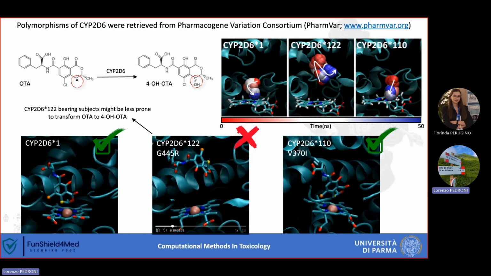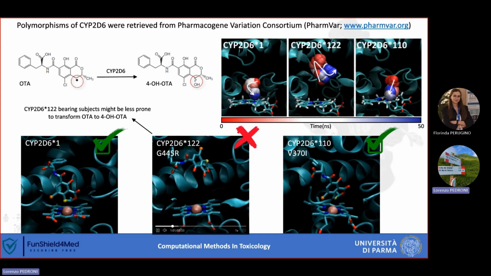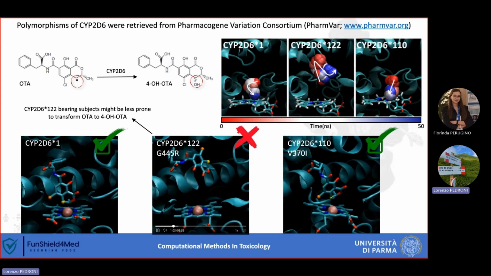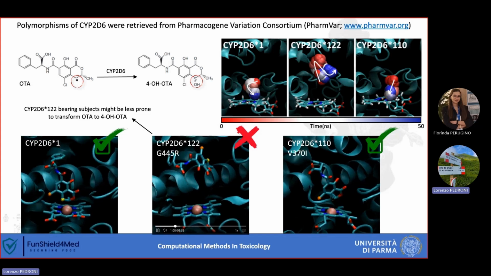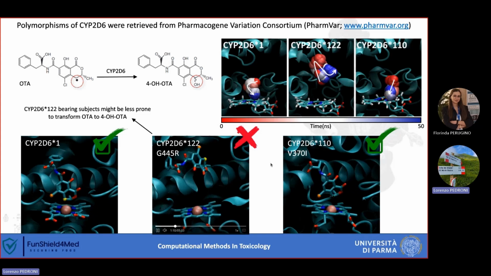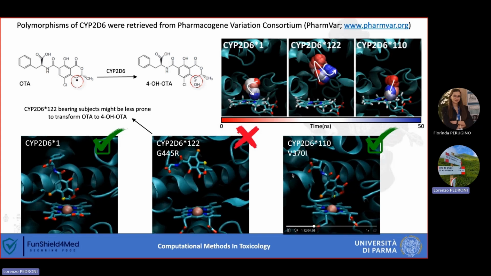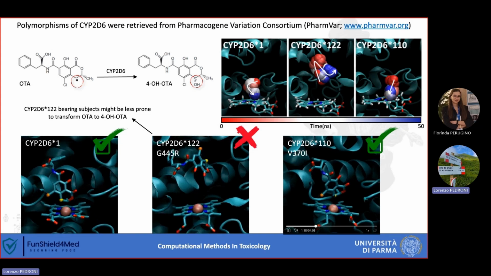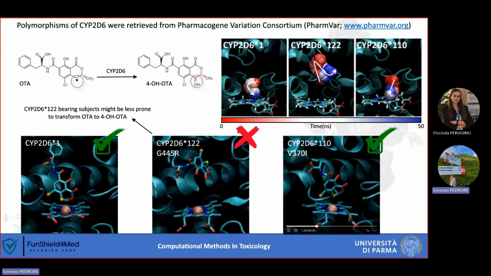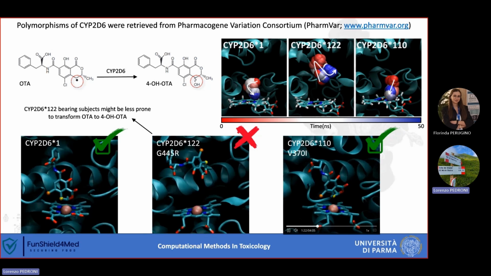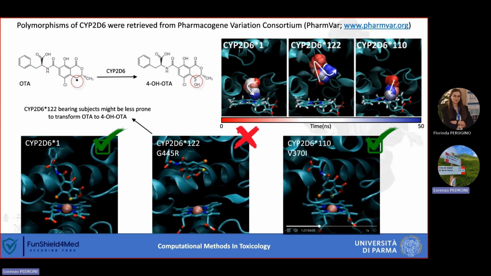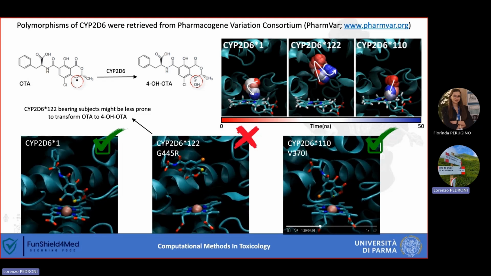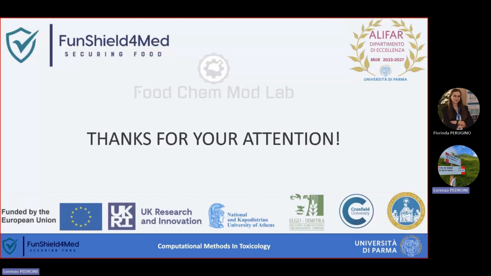Also meaning that this mutation, so subjects bearing this mutation, might be more prone, maybe, or prone as much as the wild type bearing subjects, to transform ochratoxin A to its 4-hydroxylated derivative, so a less toxic metabolite. And for the hands-on, that's it. Hopefully, you'll find it useful, and thanks for your attention.